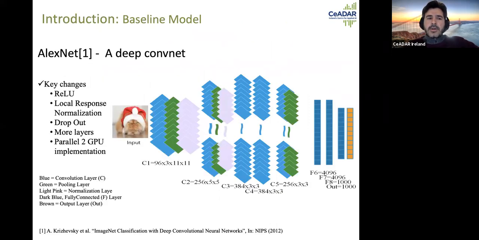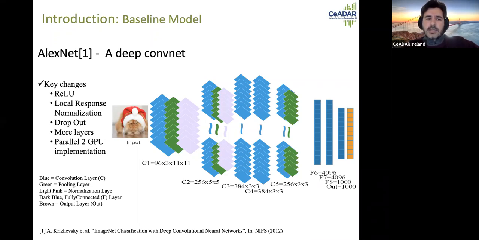This was the first model, called AlexNet, that coined the word deep learning, which showed pretty good results on the ImageNet dataset that had 1.5 million images of 1,000 categories. It was an enhancement of Yann LeCun's LeNet model.